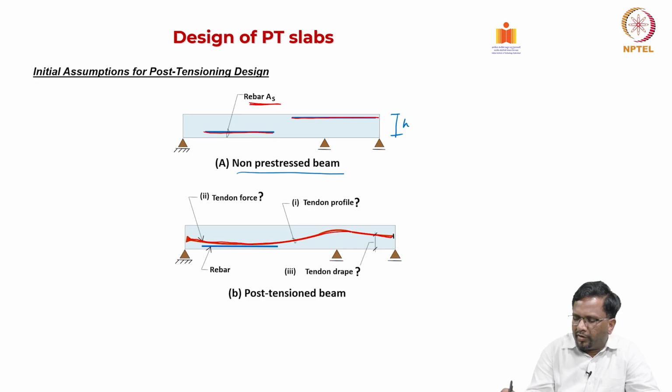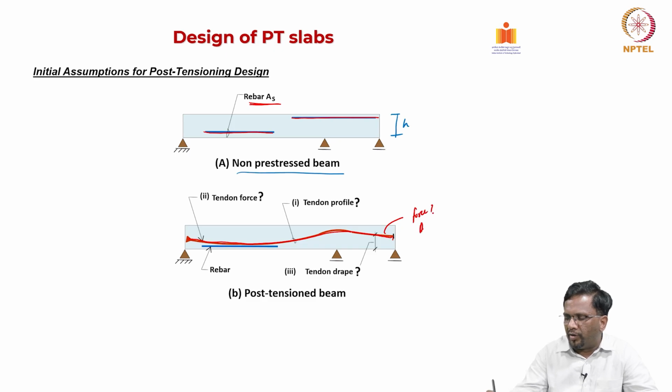So, what is the design we are looking at? For this cable, how much force is required, or indirectly what is AP. Typically, the initial pre-stressing force FPI is 0.75 times FPK times AP. This is fixed because FPK is 1860 megapascal.